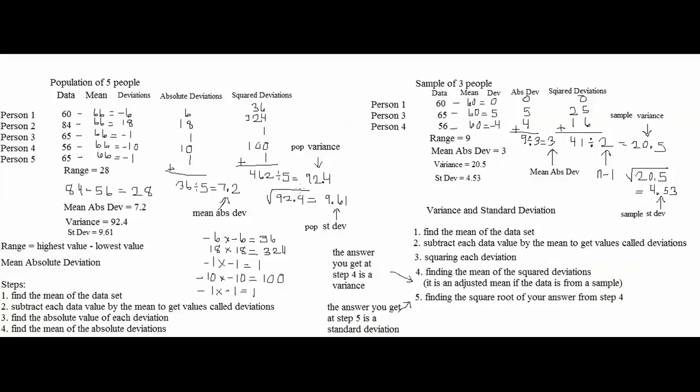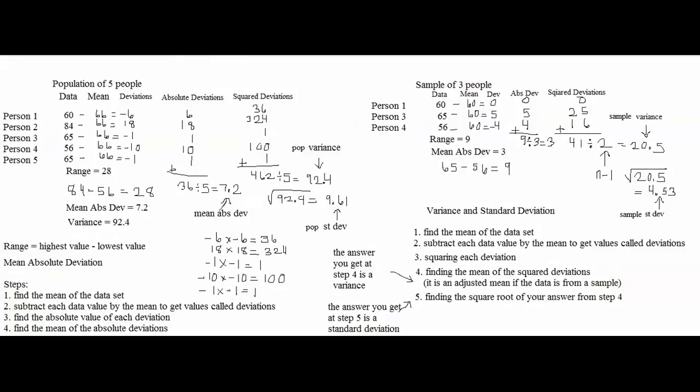So you could say that the mean absolute deviation and the standard deviation both have the advantage of showing the average distance from each data value to the mean. The disadvantage of the range is that it only shows the distance between the highest and lowest values.